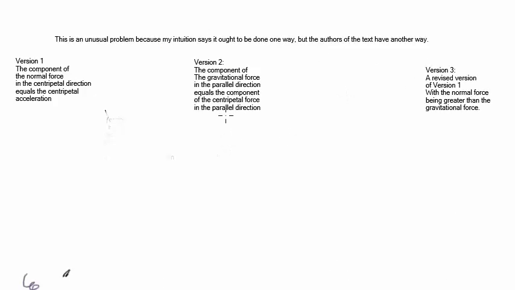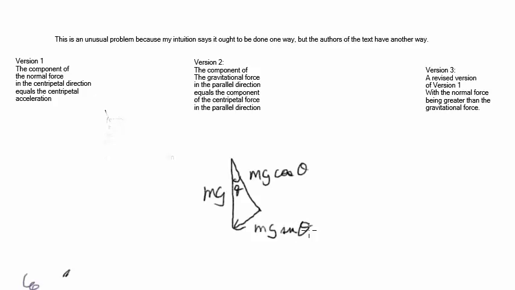Instead, they're going to imagine the component of the gravitational force. If this is mg, here's the normal force, and here's theta. This is mg cosine theta, and here is the component of the gravitational force in the parallel direction, mg sine theta. At the same time, they imagine the centripetal force, which is going straight that way.